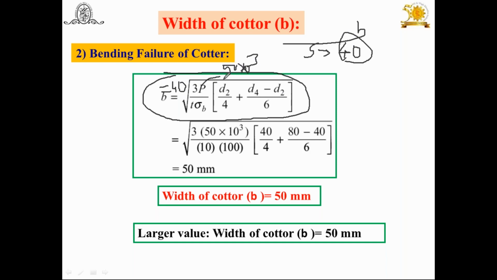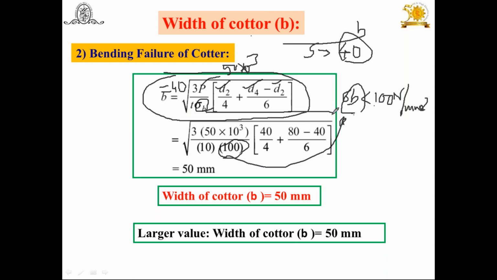Then D2, D4, everything you know, so you can substitute all the values and find out sigma B. If this sigma B is less than 100, where 100 is the permissible bending stress sigma B for a quarter, you can say this 40, which you have calculated against shear, is correct.